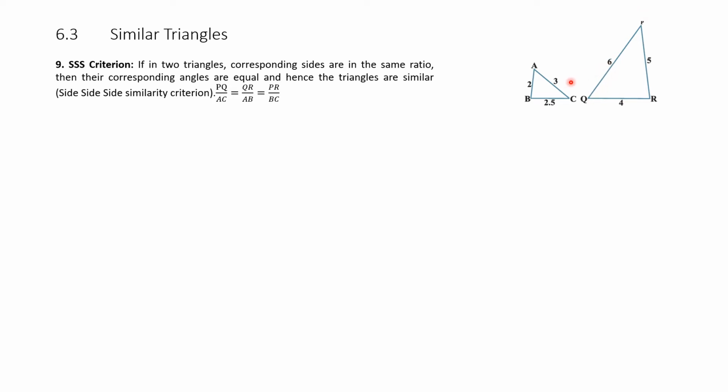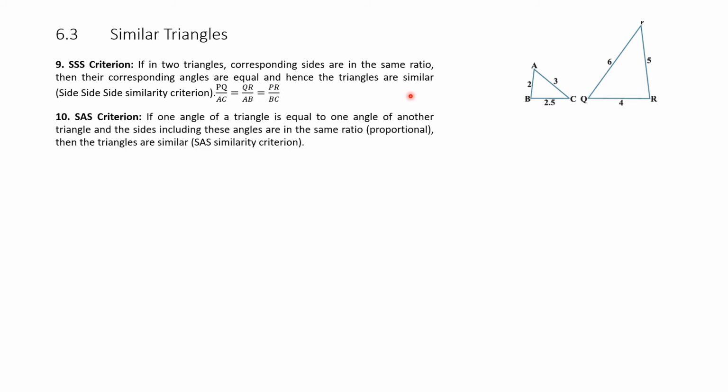So the ratio between any two corresponding sides is the same. Hence, if in two triangles corresponding sides are in the same ratio, then their corresponding angles are equal. So here only sides are given, and the criterion says the corresponding angles are also equal. Hence, the triangles are similar. This is the SSS criterion.